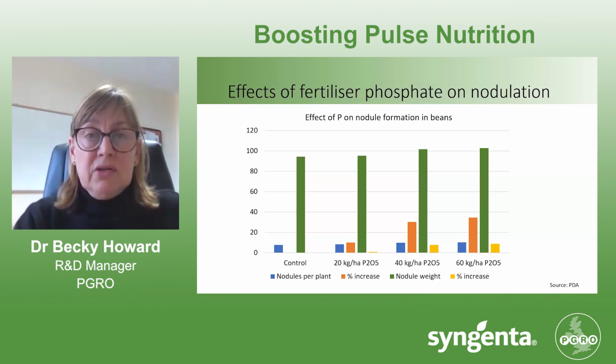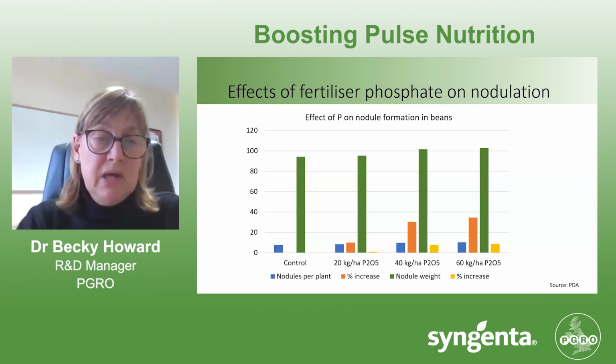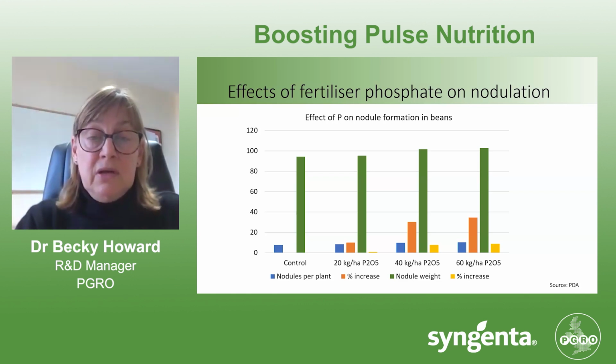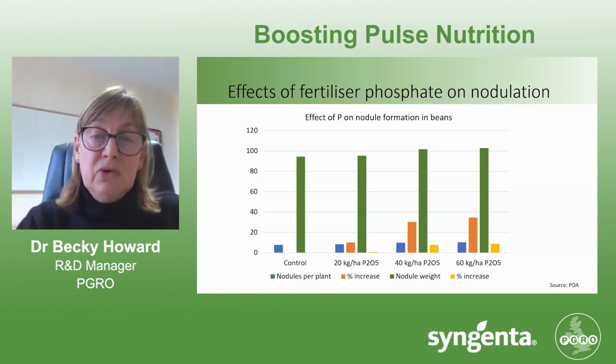There's been other work done on the effects of phosphate on nodule formation in beans in this case. So we can see here, and this work was published by the PDA, the Potash Development Association. And when we look at reasonably small doses of phosphate here, so 20, 40 and 60 kilograms per hectare, we can see that there is a benefit in terms of nodulation.